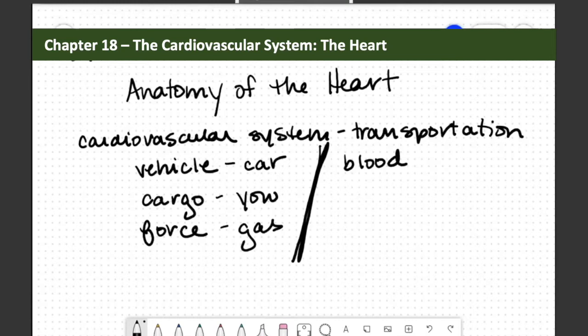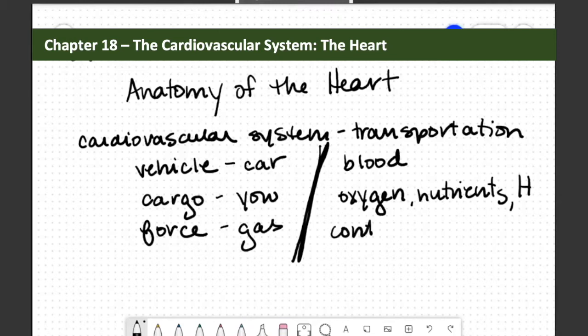The cargo is going to be oxygen as the main cargo, but it's also going to be nutrients, all the hormones that we talked about in the first chapter, and also wastes from all of your biological processes, things that you need to excrete from your system. So you get your blood carrying your oxygen, your nutrients, and your hormones, and then the force that makes it go is actually going to be the contraction of your heart. And that's where we're going to start today.